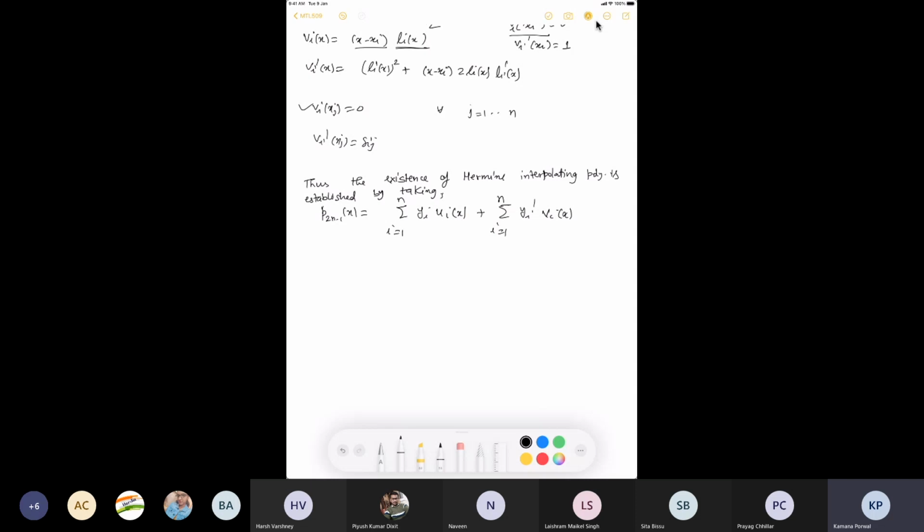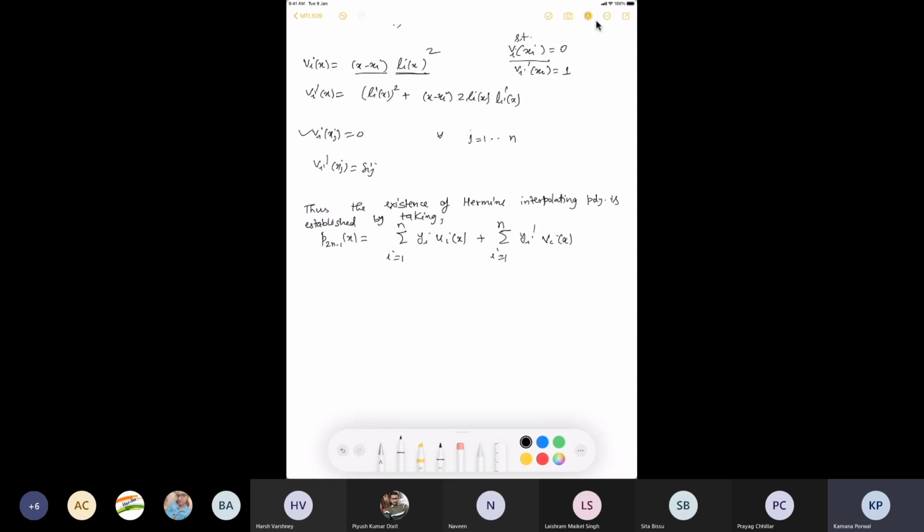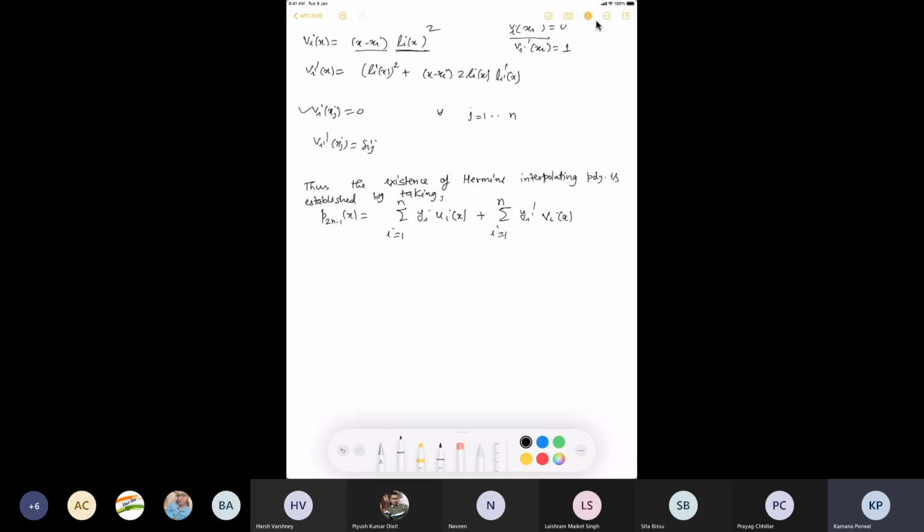And we will be proving that this polynomial is going to be unique. That is, we will prove that there exists only one such polynomial which can satisfy the interpolation condition 1, and which is going to be of degree less than or equal to 2n minus 1.